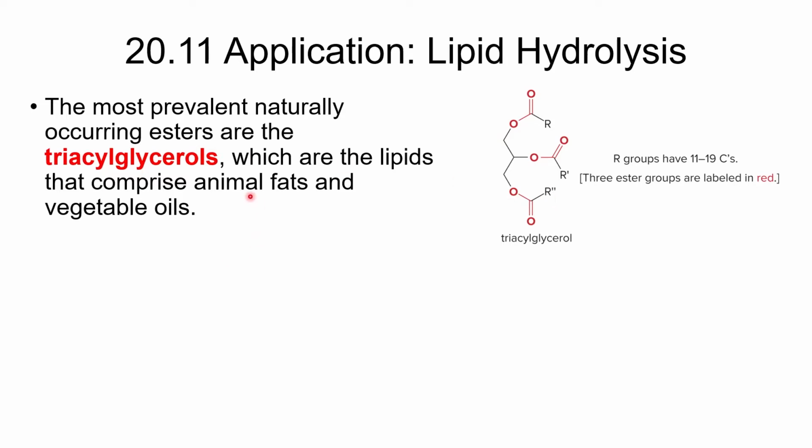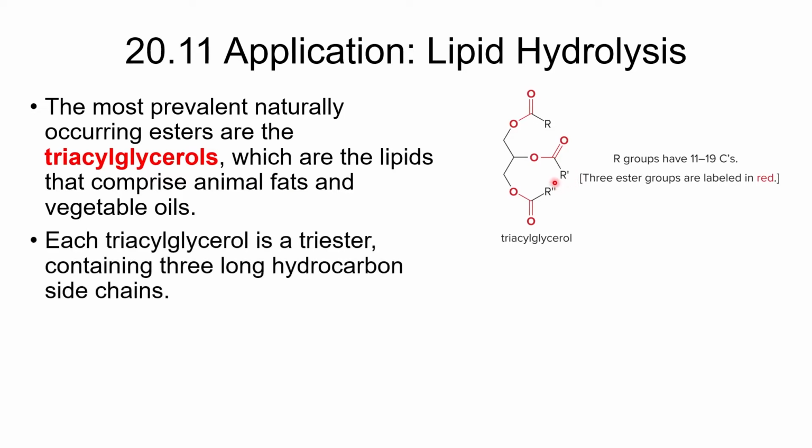The main difference between the animal fat and the vegetable oils is that in most of the vegetable oils, the R groups have several cis double bonds in them, and for most of the R groups on the animal fats, they are saturated, and that's a big difference between them. All right, so we have these triesters. They have these long hydrocarbon side chains.